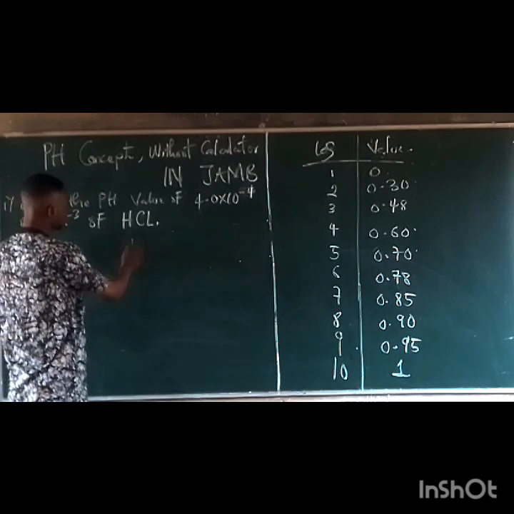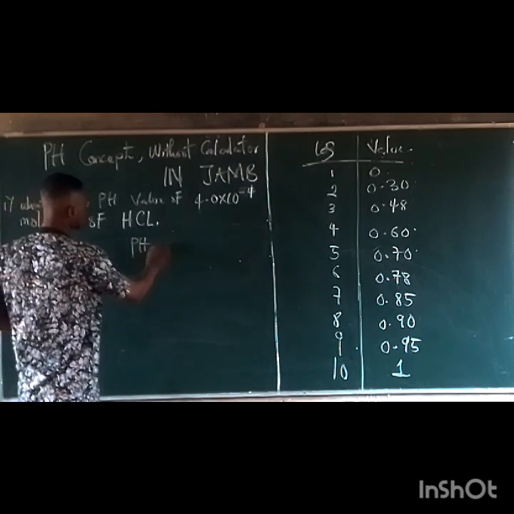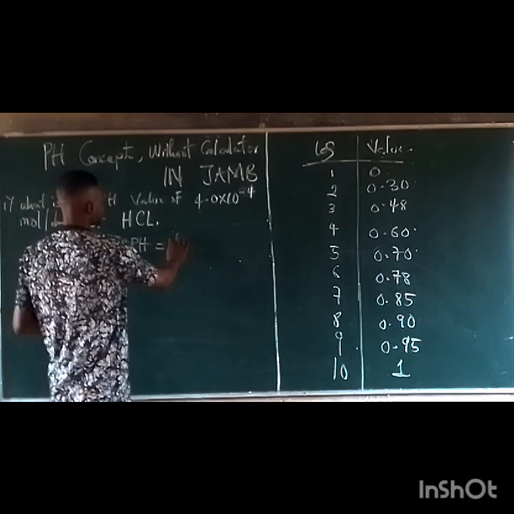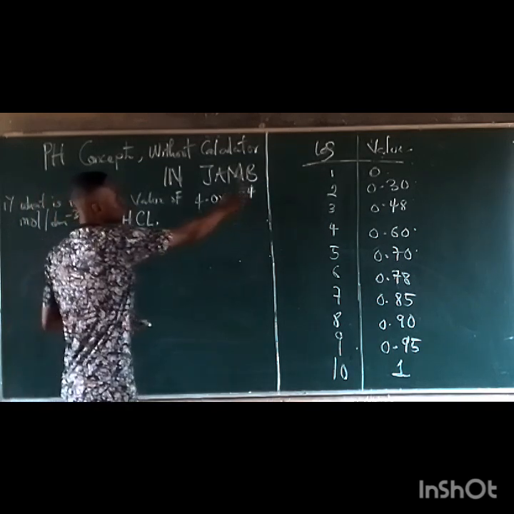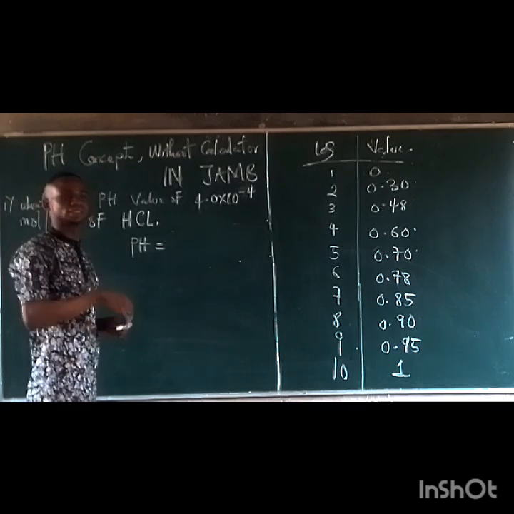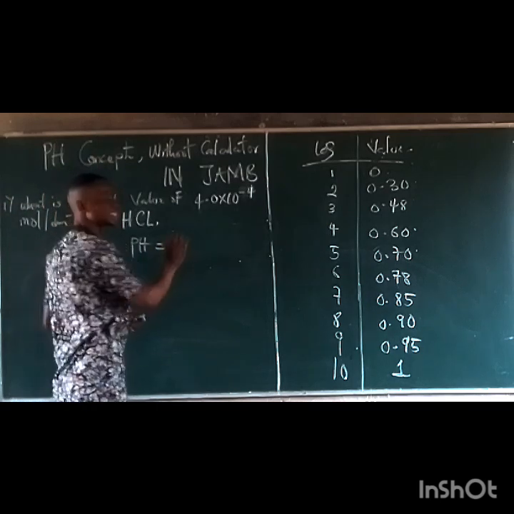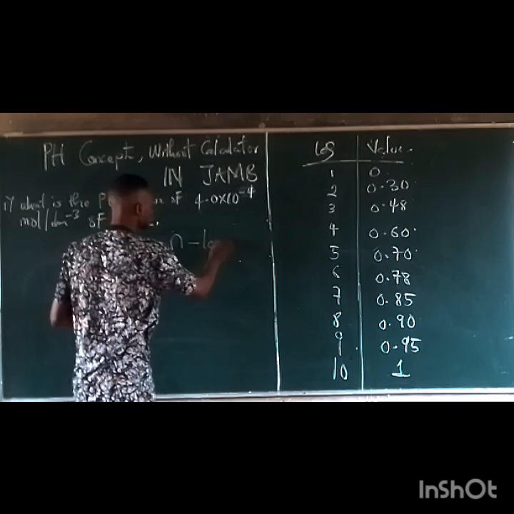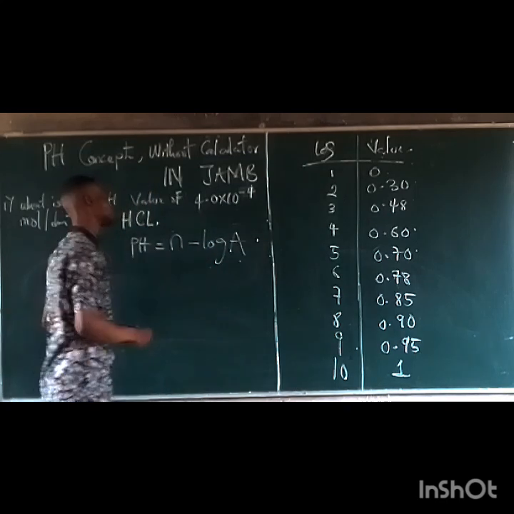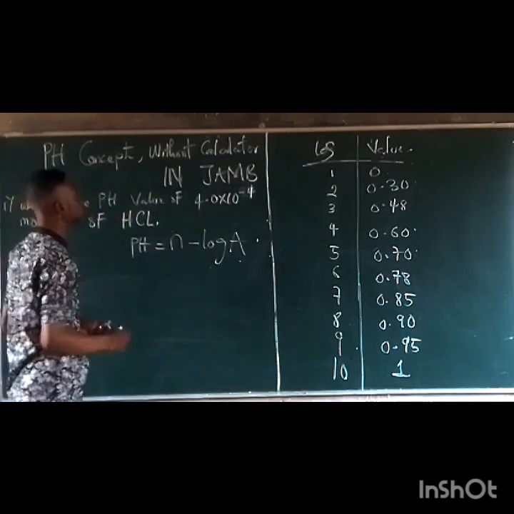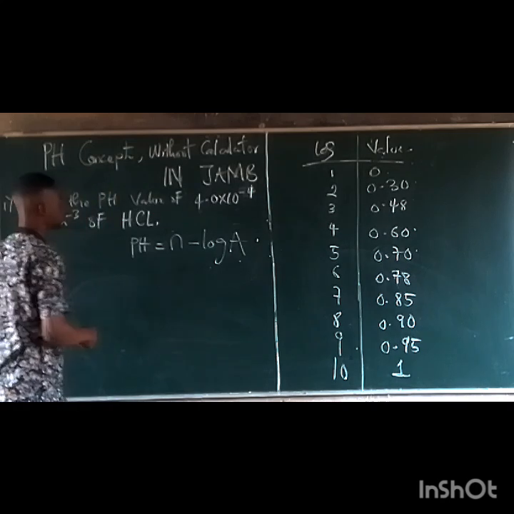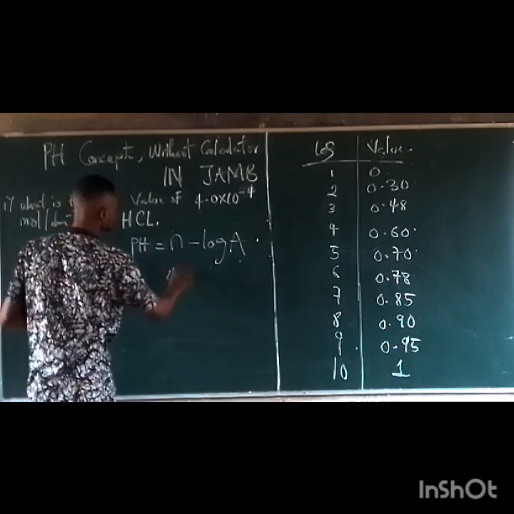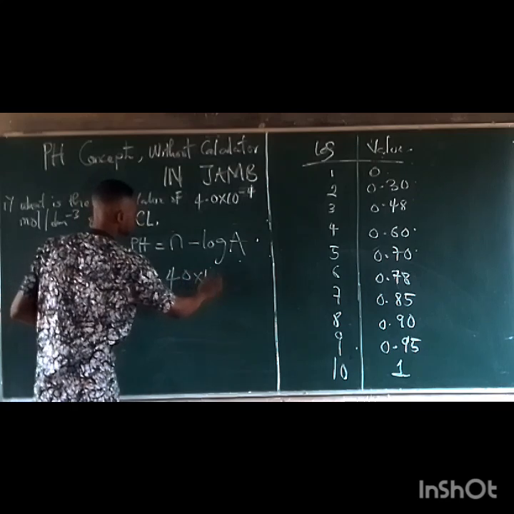The formula is going to be pH equals N minus log A, where the power is represented as N. In standard form, let me use the same value we have now: 4.0 times 10 to the power minus 4.